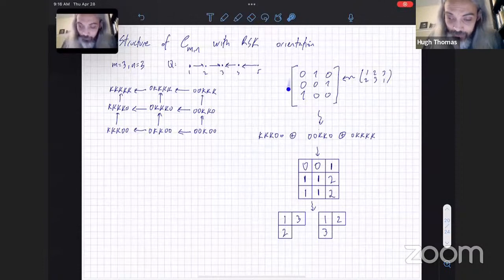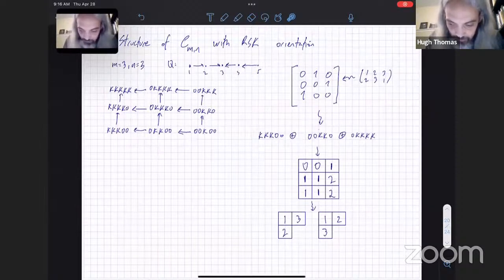Anyway, we have this matrix. It corresponds to a direct sum of copies of indecomposable representations. This one says we need one copy of the matrix in the bottom left, so that's here. This one says we need one copy of that one, which is there. And this one says we need one copy of this one, which is there.